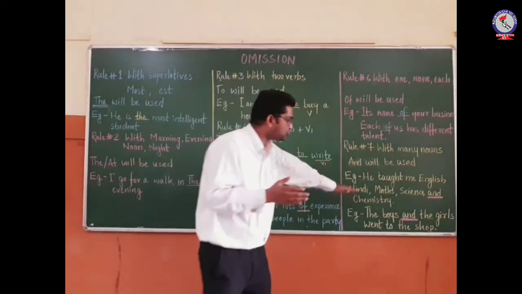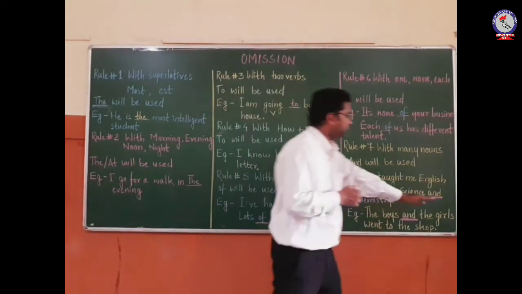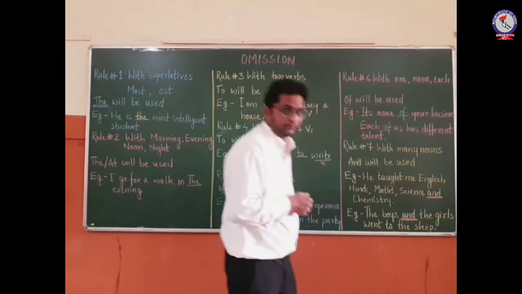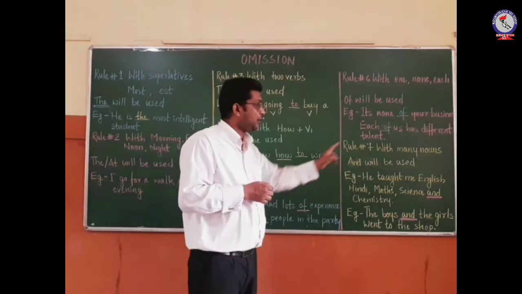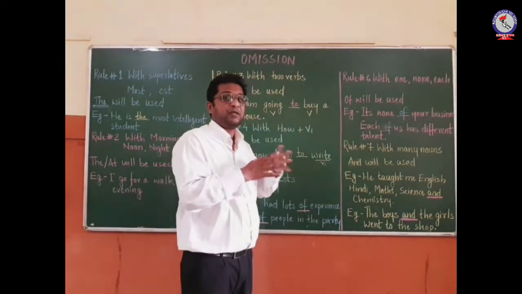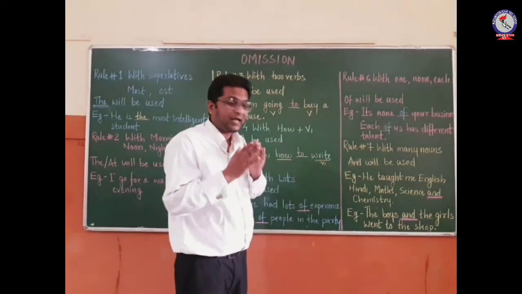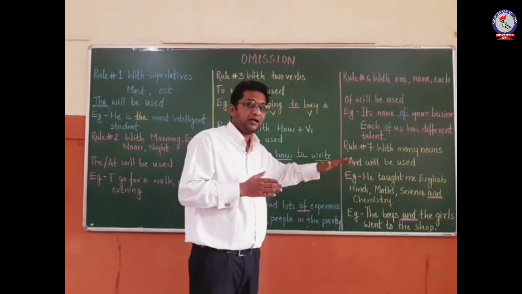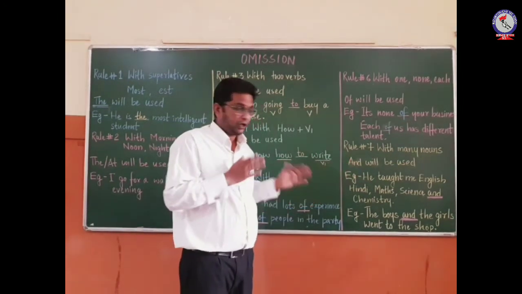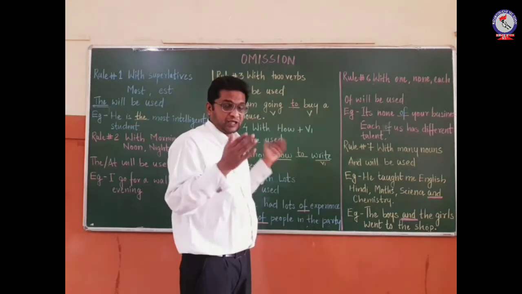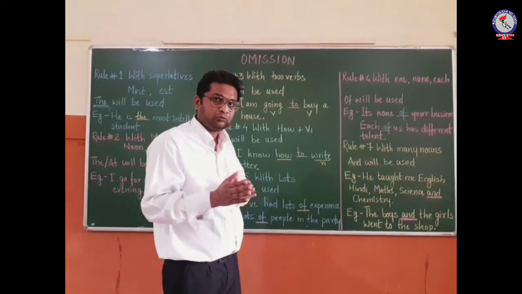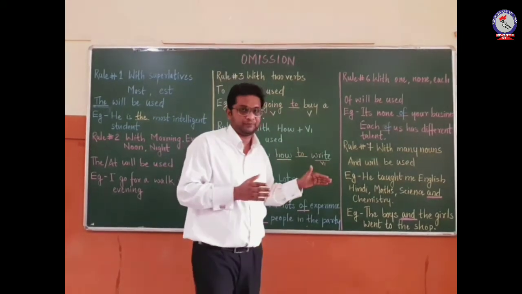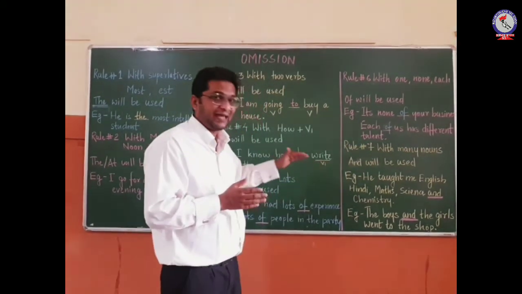Before the last noun, we can place and. This is condition number 1. And will be used with many nouns separated by commas. Before the last noun, we can place and. So if you come across any sentence in which many nouns are being used, and before the last noun the word is missing, you can place and there.